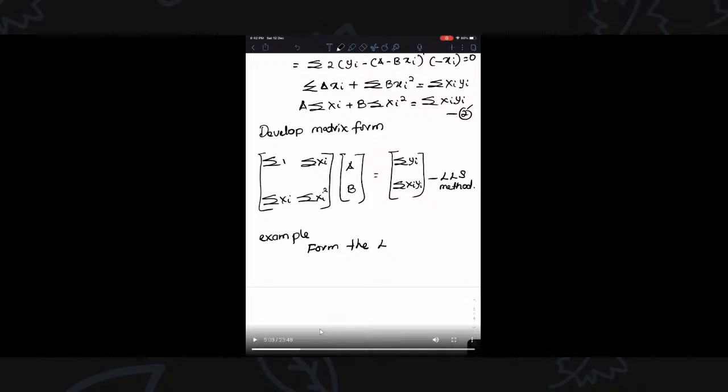The summation is very important when you want to find the values using a calculator.